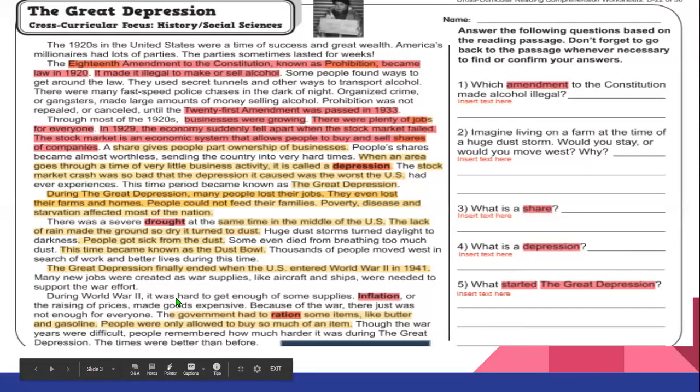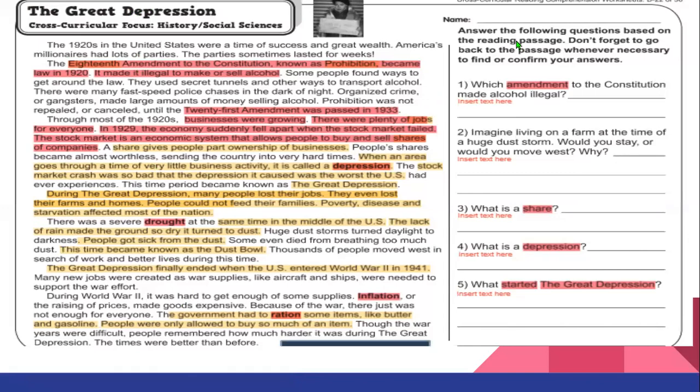And this is my highlighted part. And I don't know why I used 2 different colors of highlighters, but I did a lot of highlighting on this one too. And there's some vocabulary words that I think are very important to learn.